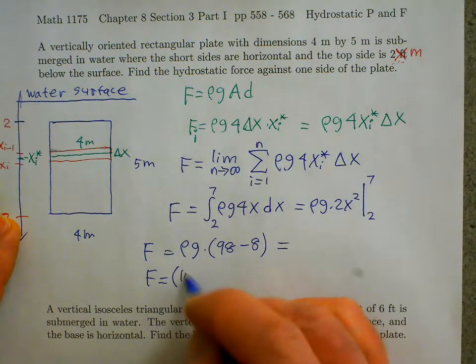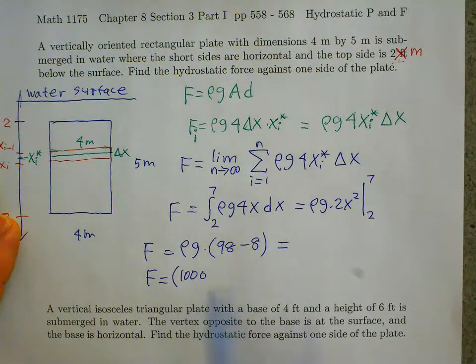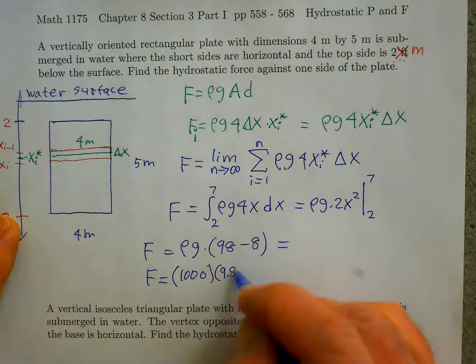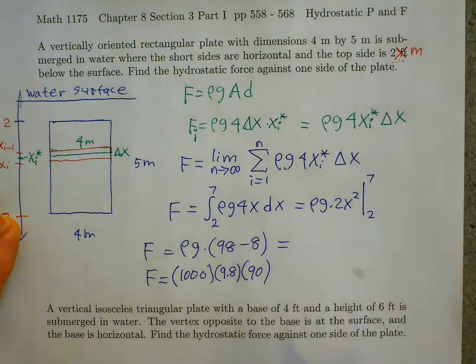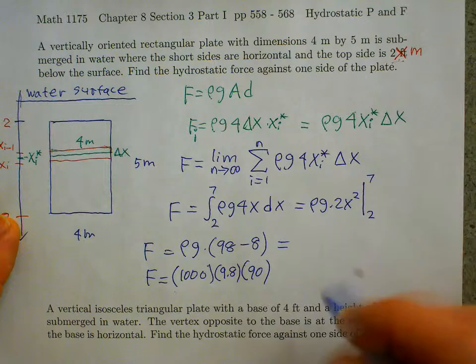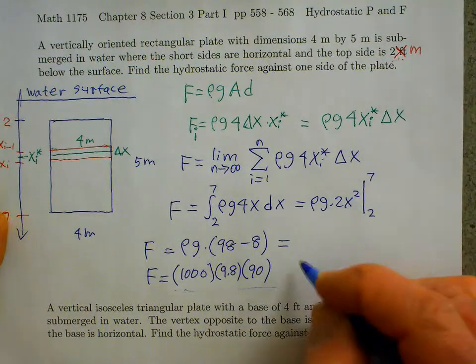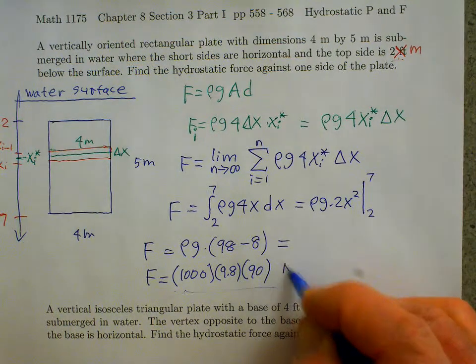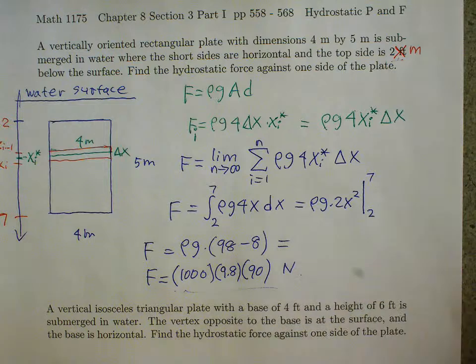So 1,000, I'll leave the units out, and then the gravitational acceleration 9.8 multiplied by 90, and the units you can write that as in newtons.